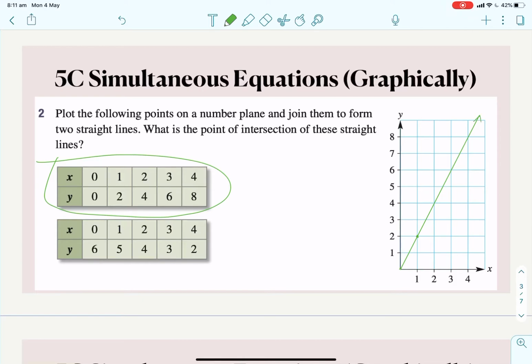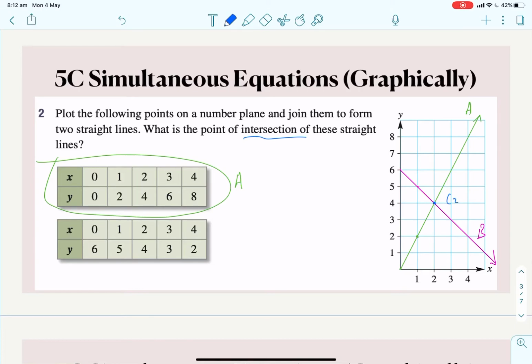Let's say this is A. Then pink for the second one: 0, 6 here and 1, 5 here. So easy. This is B. The question asks for the point of intersection, which is here. What's the coordinate?